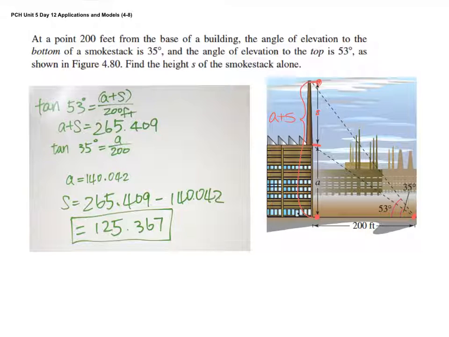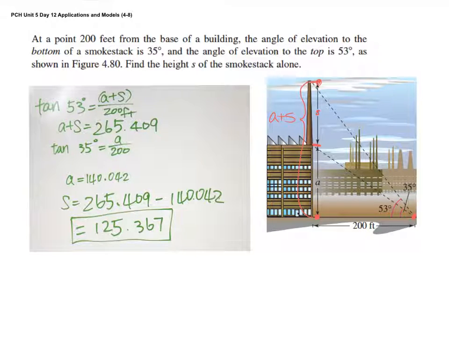So, in this case, we wanted to measure this smokestack on the top of the building without having to climb up there. So we measured away from the building 200 and then measured 2 different angles. Okay, so tangent of 53 is the whole thing over 200. So the whole thing, A plus S, ended up being 265.